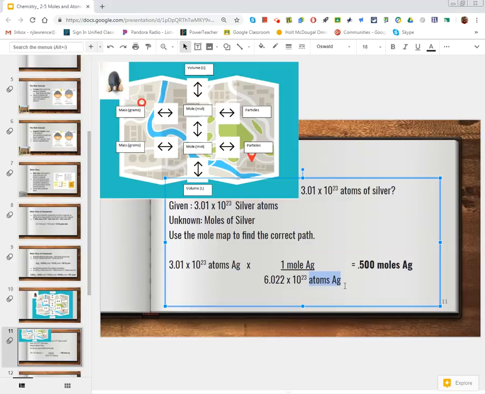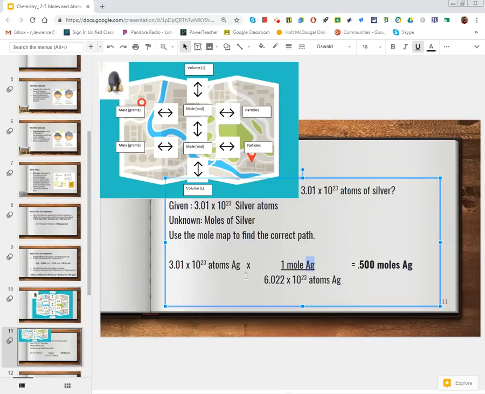This video is teaching you that 1 mole of anything equals 6.022 times 10 to the 23. That's why this word particle is being used here. It's a very generic term that can be anything. In this case, we're talking about an individual atom of silver.